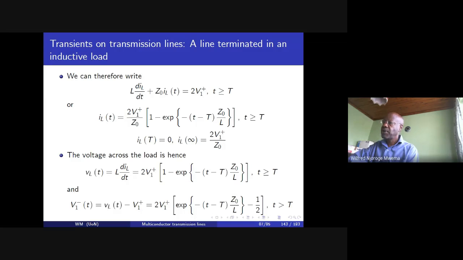That's why we cannot talk about a reflection coefficient, because as time varies, the load that the signal is seeing will be changing with time. And we cannot talk about impedances because we are yet to formulate impedance in the time domain. Impedance is a frequency domain concept, so to speak.